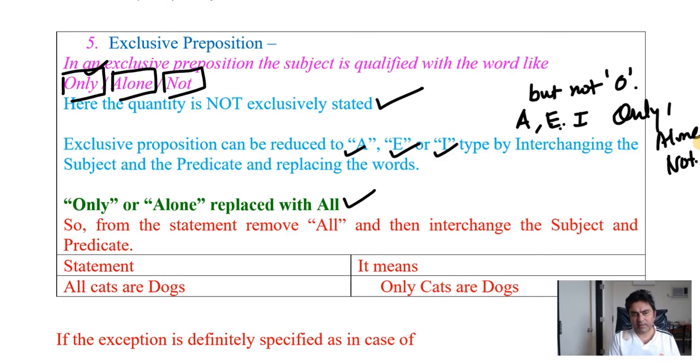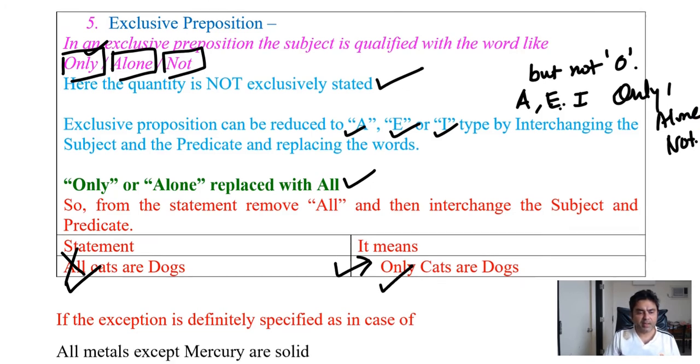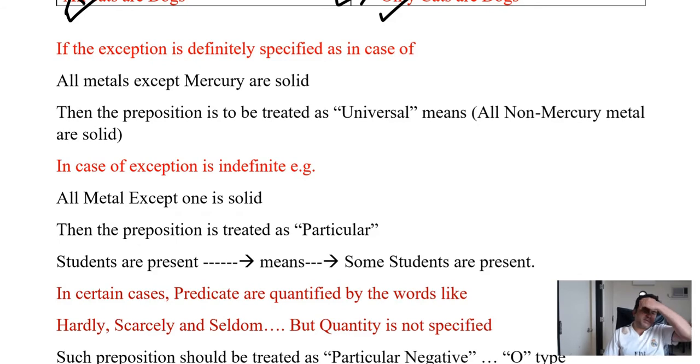If the exception is definitely specified, as in the case of, for example, all metals except mercury are solid. Mercury is also a part of metal, but except means not included, because mercury is a liquid. Then the proposition is to be treated as universal, meaning all non-mercury metals are solid.